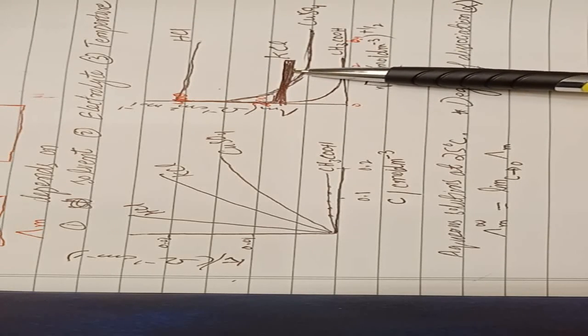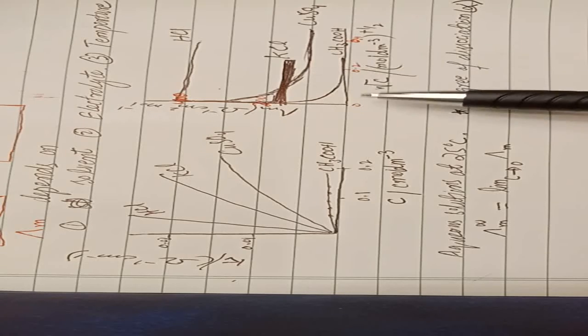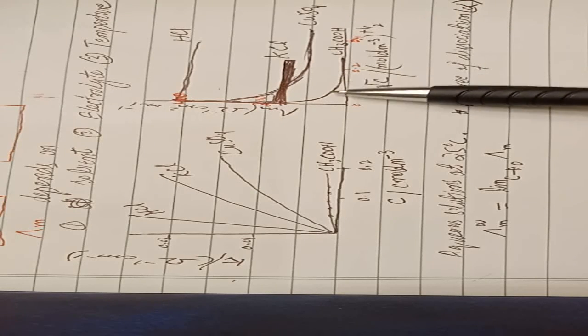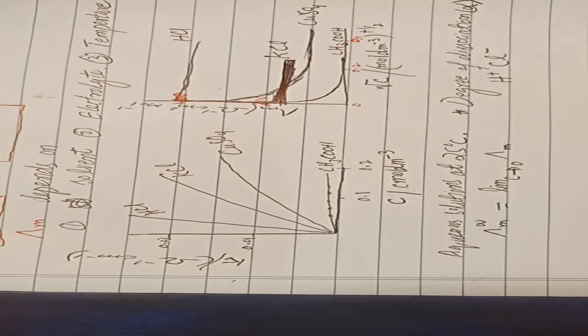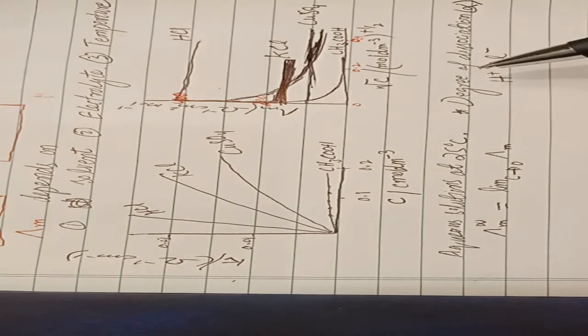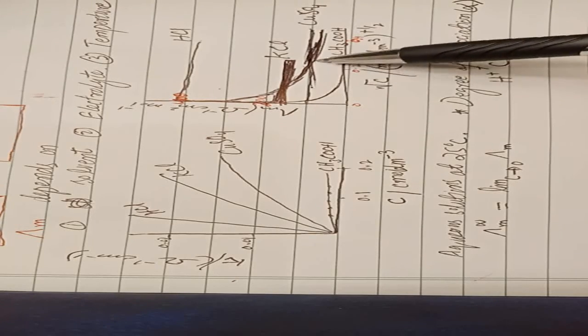whereas the slow decrease in molar conductivity of HCl and KCl as C increases is due to the interaction or attraction between the oppositely charged ions, making them unavailable as electroactive species, which is reducing the conductivity.